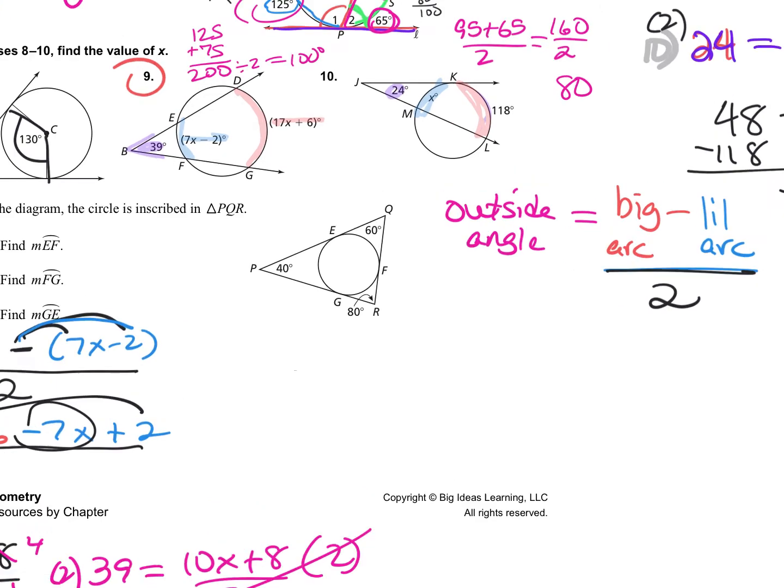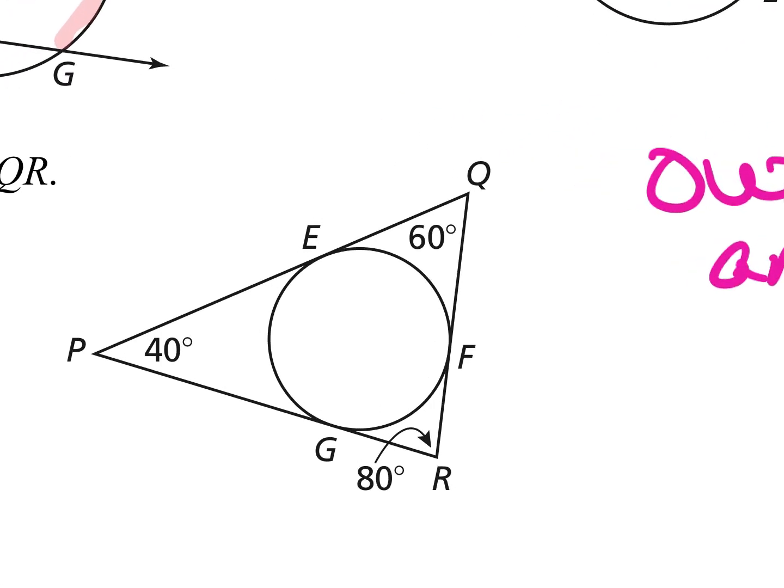Now, remember, whenever you have a circle and you have two tangents that are forming the outside angle, we're going to do big arc minus little arc. But this is the scenario where we can get away with being only given one piece of information. So this would be my little arc, which is what they're asking me to find in 11a. So I'm going to call this x.